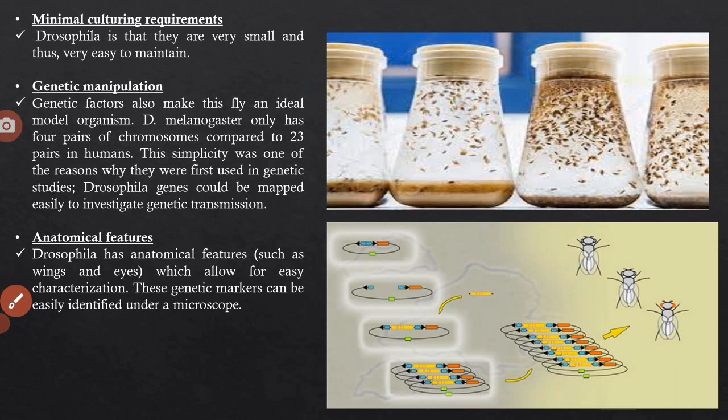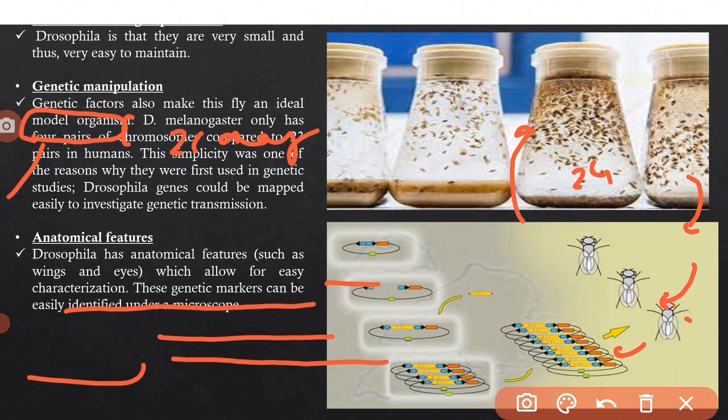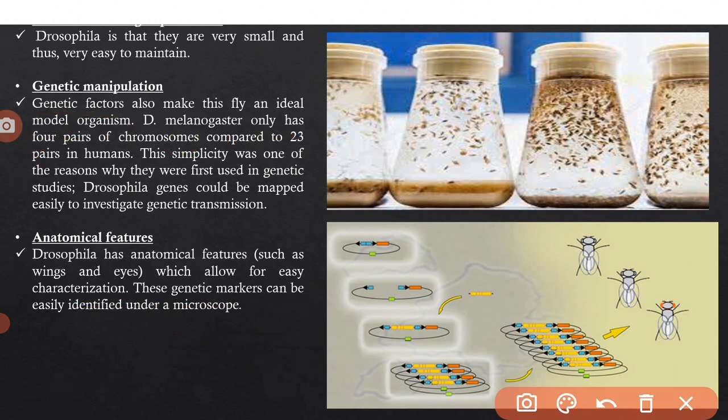Next, minimal culture requirement for maintenance of the culture. There is very little requirement. We can culture Drosophila in a very small space inside the research laboratory. Next, genetic manipulation. Due to the small size of the genome, genetic manipulation is very easy in Drosophila. There are only 4 chromosomes, which is comparatively very low compared to humans.